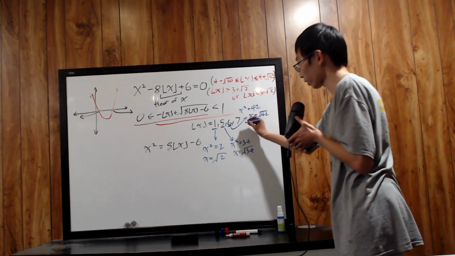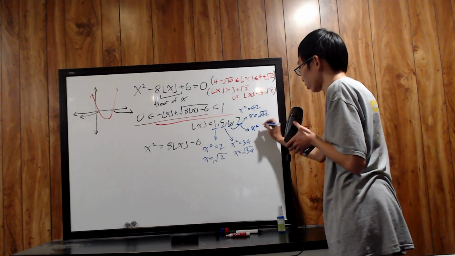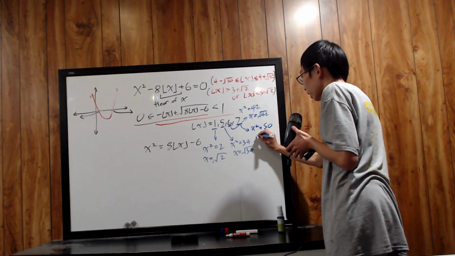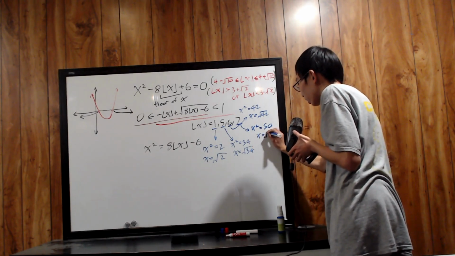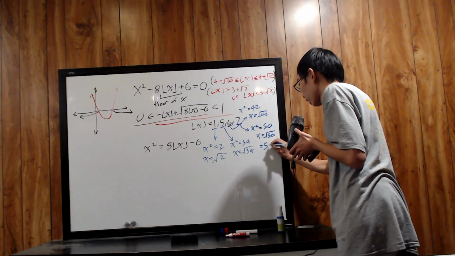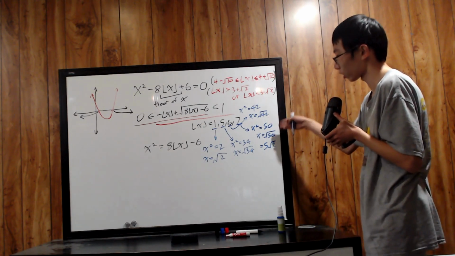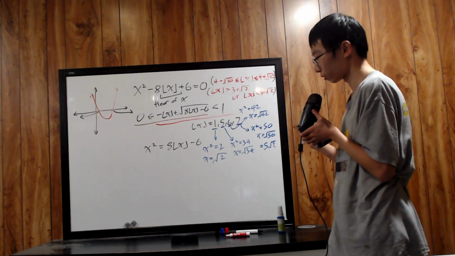And when floor of x is equal to 7, then we have x squared is equal to 50. So x is equal to, again, only positive root 50. And of course, you could also simplify this as 5 root 2. Or if you want to make it consistent with an integer under the radical, then just write root 50.